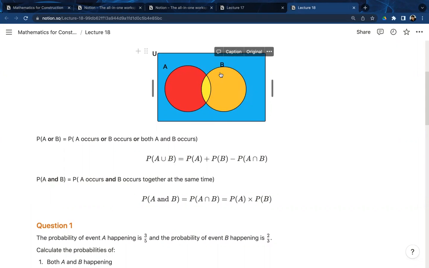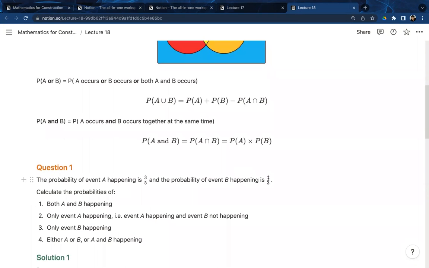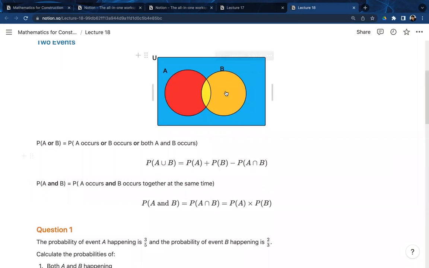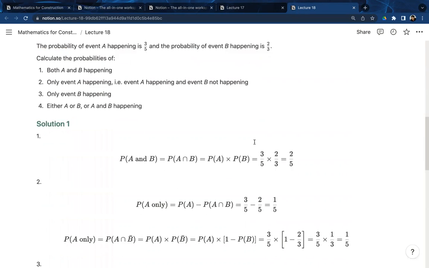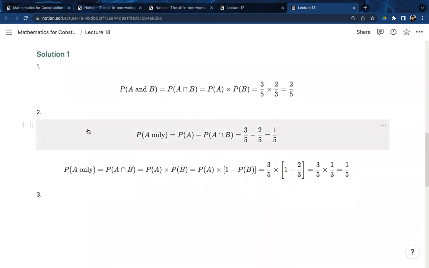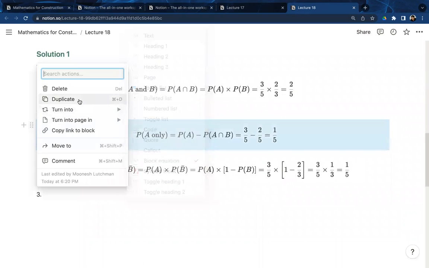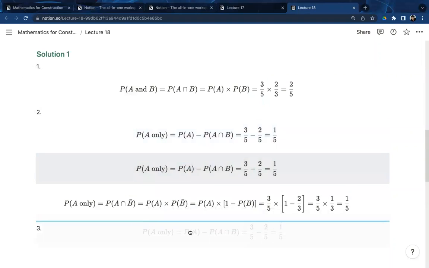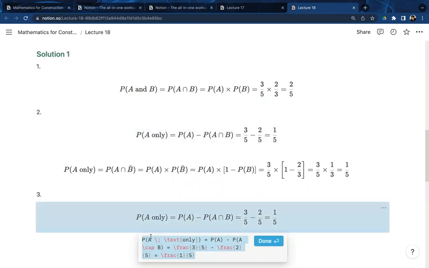The entire B circle is the probability of B, which is 2/3, and we need to subtract the yellow part, which is the intersection. So we could say the probability of B only is the probability that B happens, the entire circle, minus the intersection.